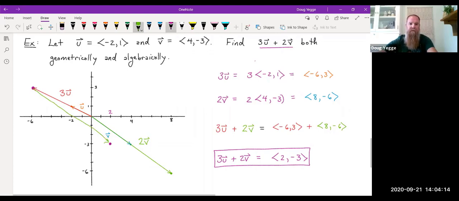And notice that the vector that's left is the vector right here. So the triangle that's formed is this triangle over here. That's the vector of 3u, 2v, and the sum of the vectors 3u and 2v.